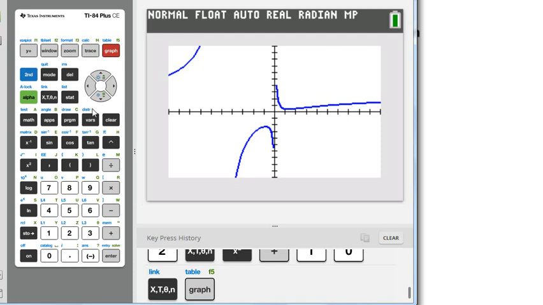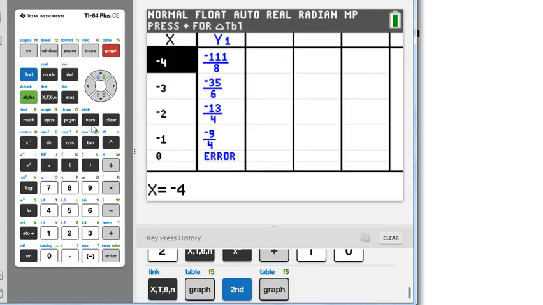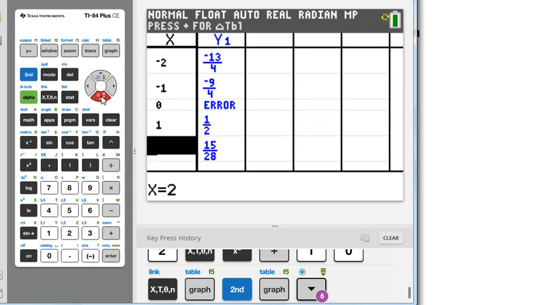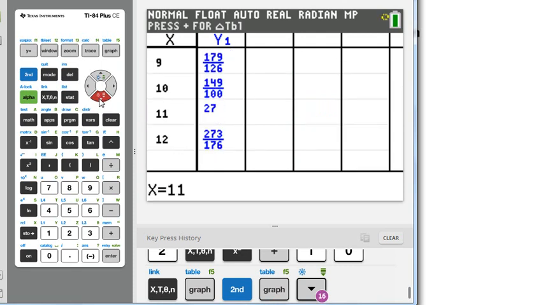You really can't conclude, but one thing you can do is go to your table view and as you go toward positive infinity, you can see what value is being approached. But if you're like me, you don't want to spend the rest of your lifetime doing this.